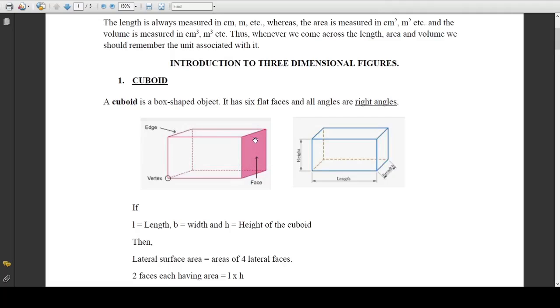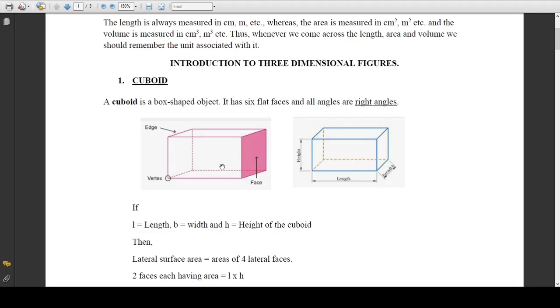We have 4 faces laterally, along the side, and in total 6 faces. On the lateral side, if we denote this as the length and this as the height, L multiply H will have 2 areas, one this side and one the opposite side, and this face and the other opposite face will have B multiply H, isn't it?